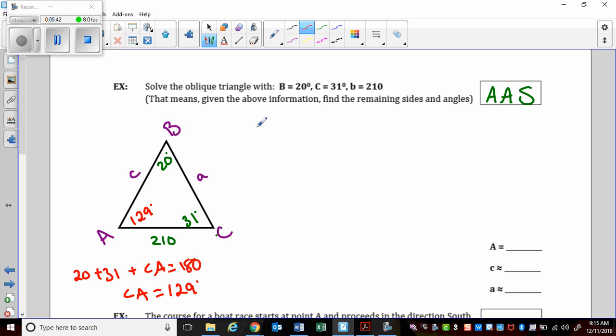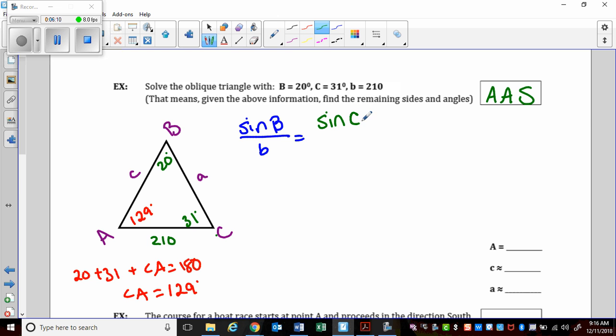Okay? And we're going to use the law of sines to find the missing sides. We have to use the side where we have the same angle and the side length. We have to use this ratio. So this ratio is sine of B over lowercase b equals, and we can find any other ones. We can do c first if you want.